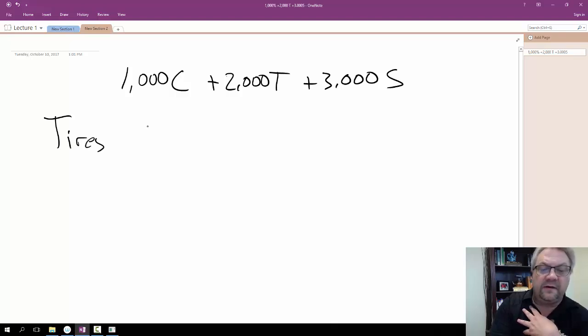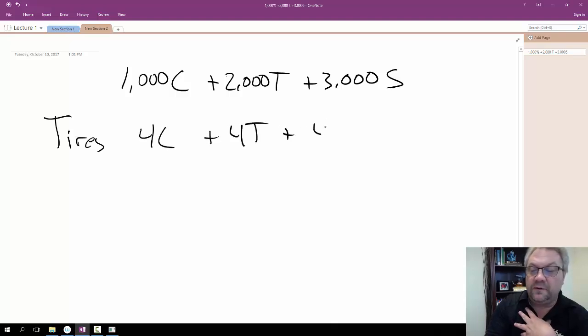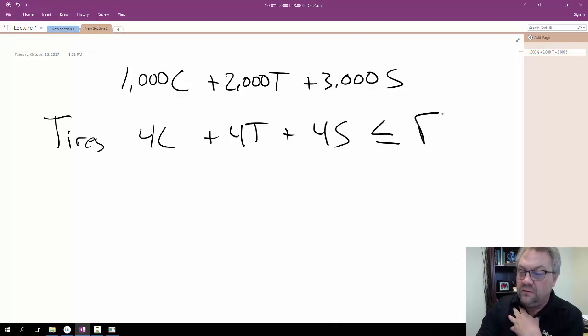So we might have tires. Well, 4 tires per car, 4 tires per truck, plus 4 tires for my SUVs, right? Well, see, this all has to be less than or equal to some number, okay? And the idea here, again, it goes back.